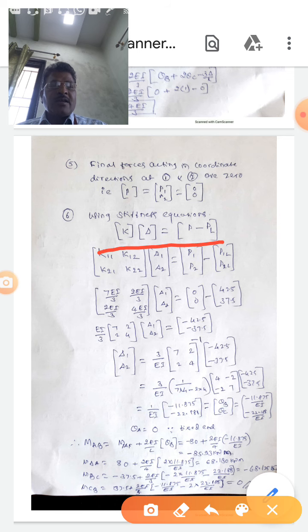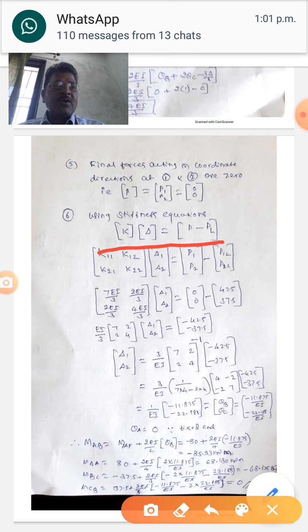Therefore to get the displacements delta 1 and delta 2, send everything else to the right side and keep delta on the left side. So delta 1 and delta 2 matrix is equal to 3 divided by EI into the inverse of the 7 2 2 4 matrix, into minus 42.5 and minus 37.5.